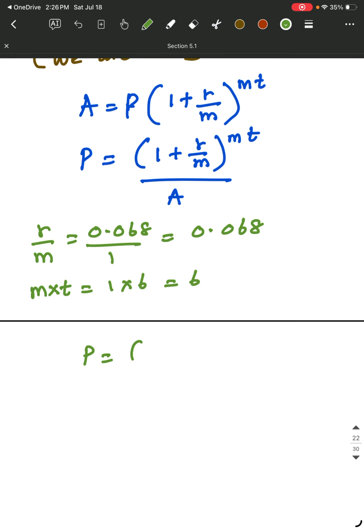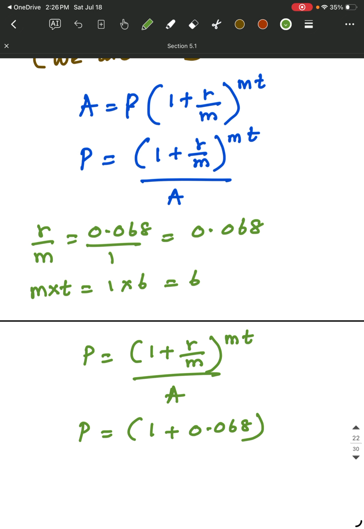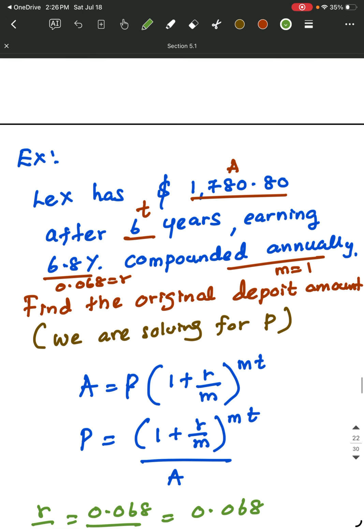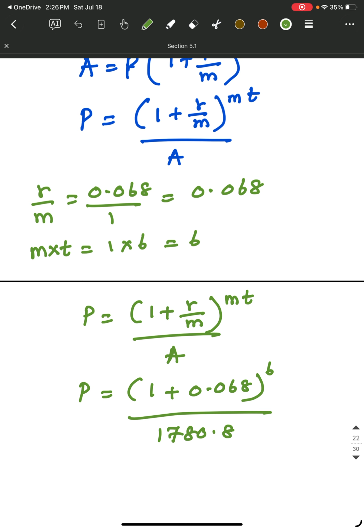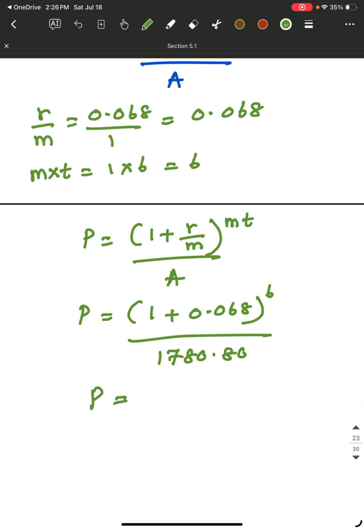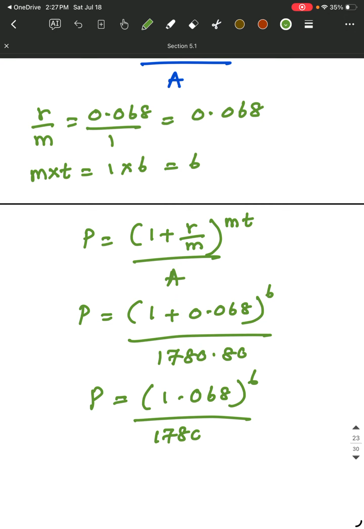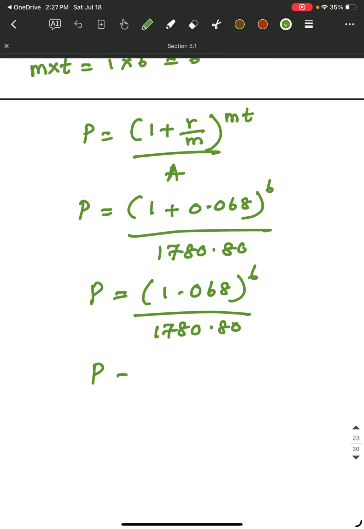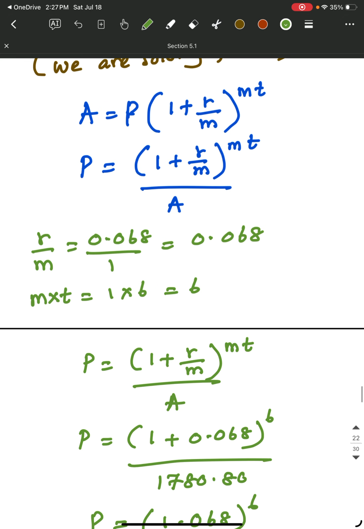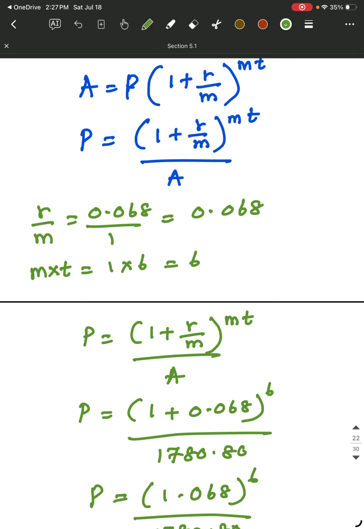Then P equals 1 plus R over M to the power MT over A. Oh, we did wrong.